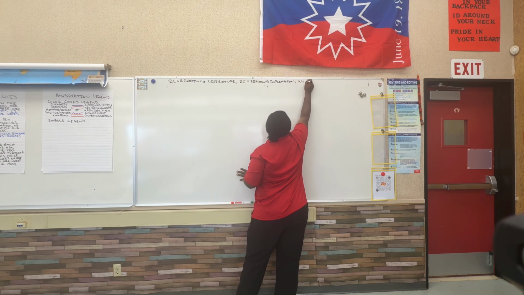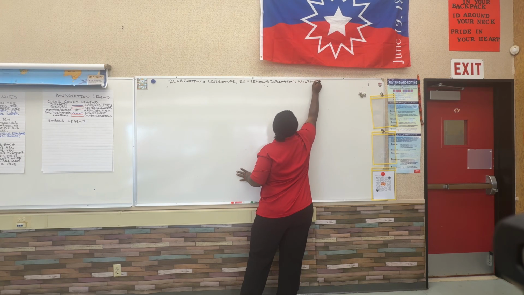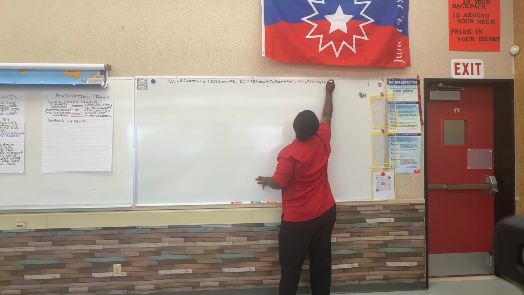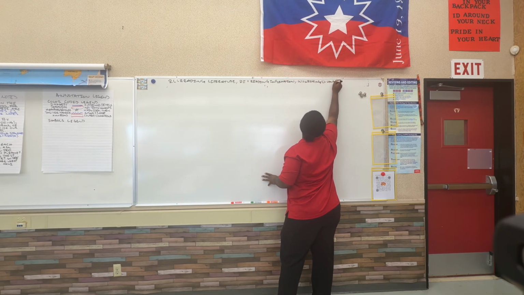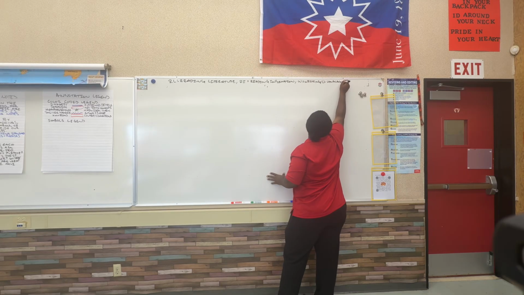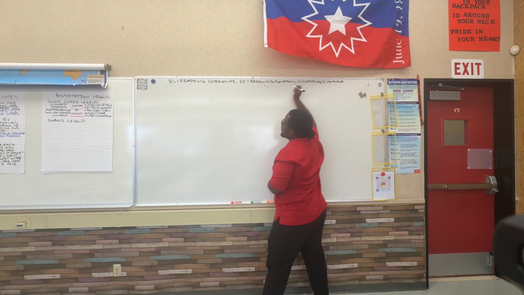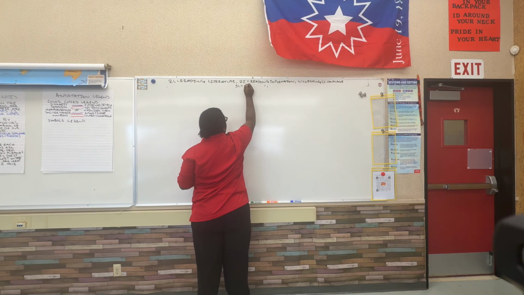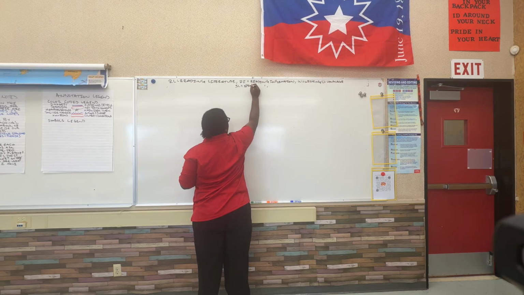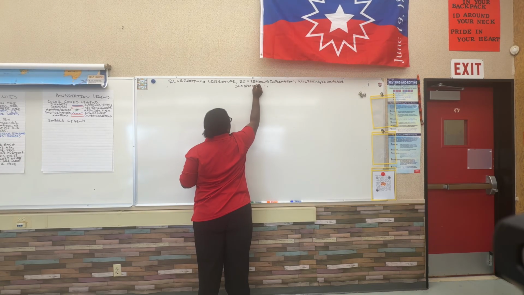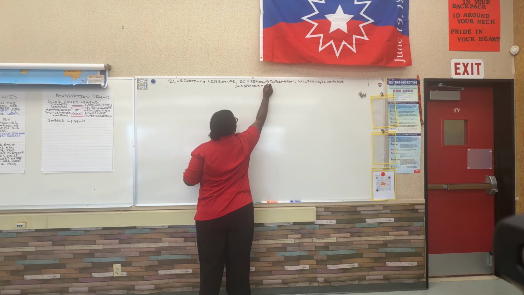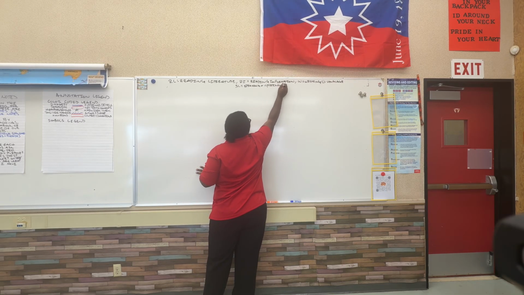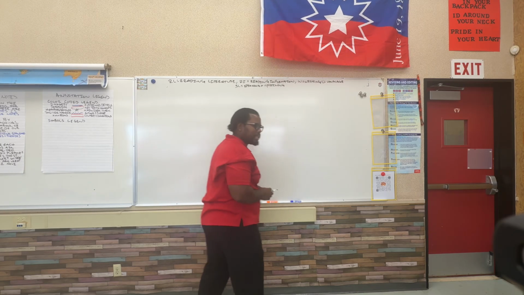W, which is writing. Now listen, I'm going to also add to W, language. So L, which is language. And let's go back up here. SL, which equals speaking and listening. Okay, speaking and listening, okay?